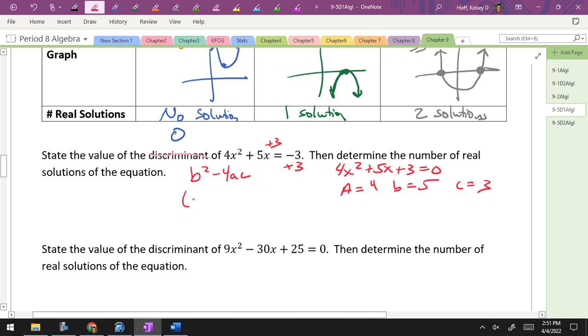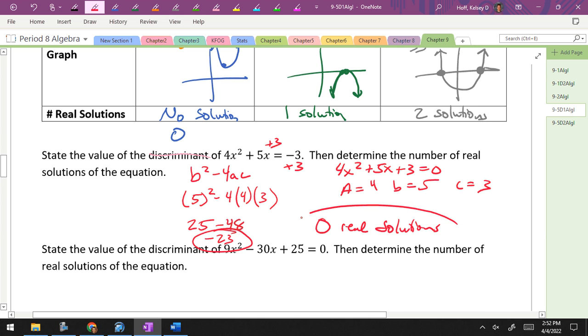B squared, 5 squared minus 4 times 4 times 3. 5 squared is 25. Negative 4 times 4 times 3, negative 48. 25 minus 48, negative 23. Okay, so it says state the value. There's my first answer. Now, how many real solutions does this problem have? 0 real solutions. Or if you wrote no real solution, I would take that too.